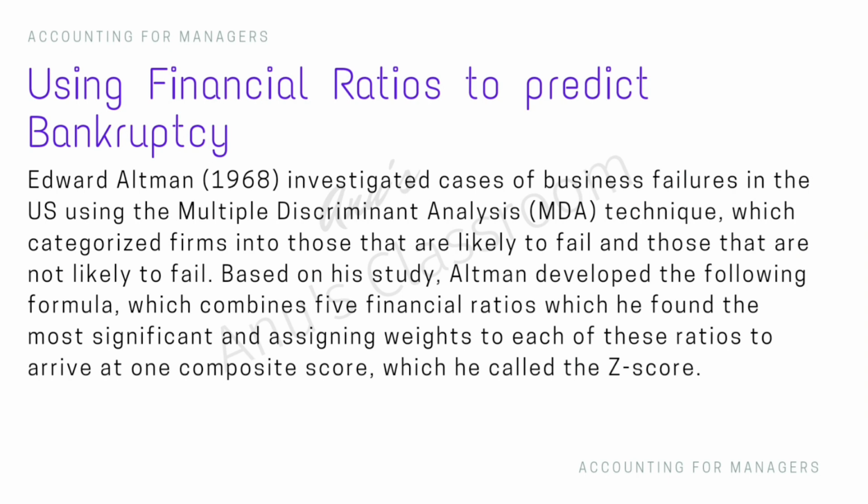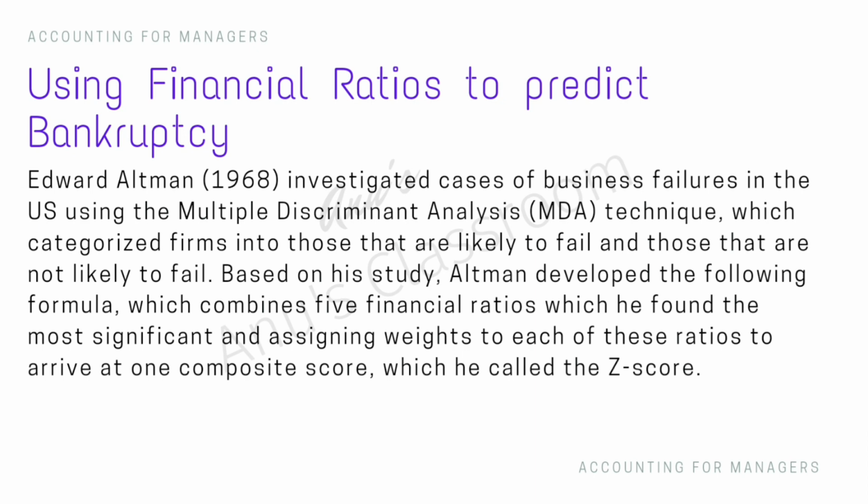We first spoke about Altman's Z-score while we were talking about how we can use financial ratios to predict bankruptcy. And we understood from there that it was Edward Altman who created this Z-score by investigating a few business failures in the US using the multiple discriminant analysis technique.